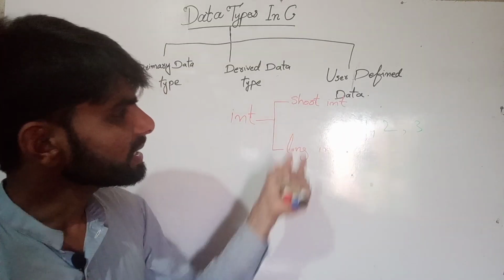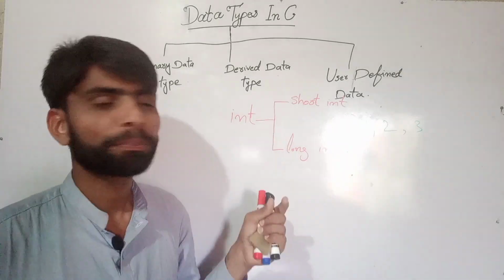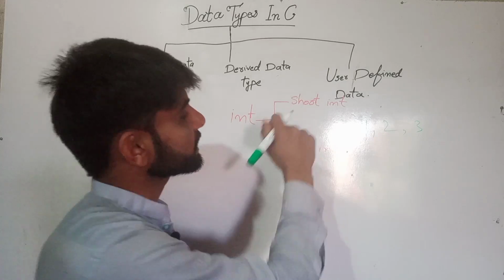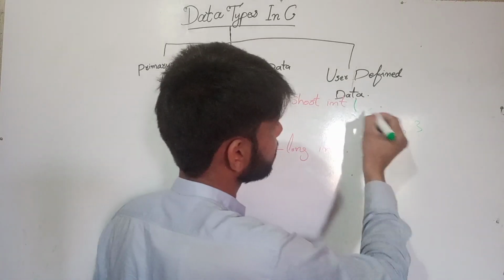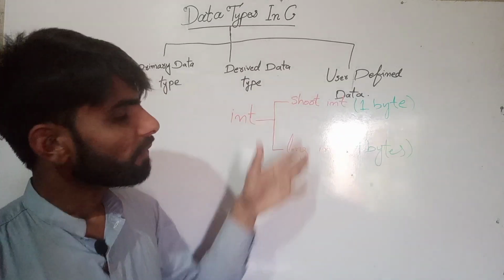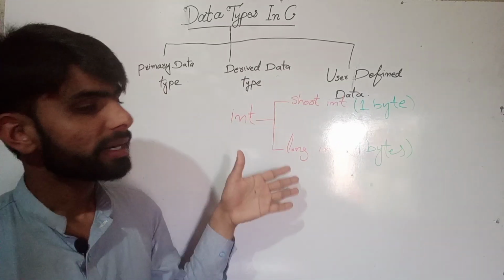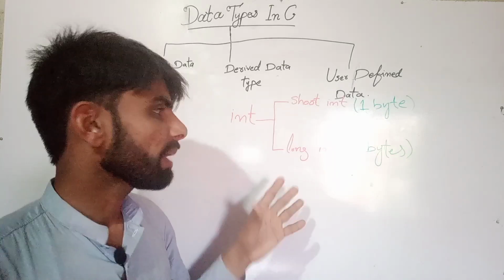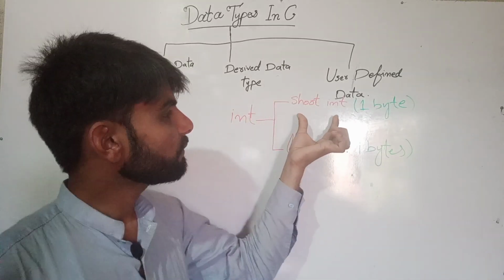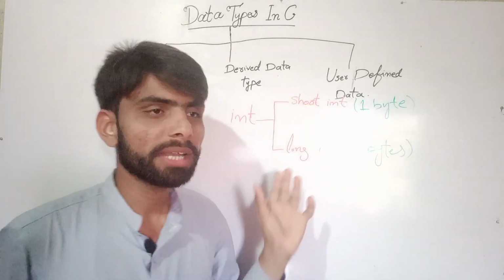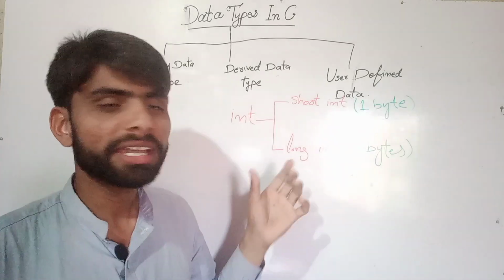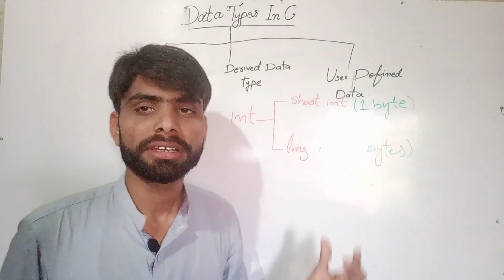These basically define the capacity of data types, because one takes 1 byte and the other takes 4 bytes. These data types make our application more efficient, right? If we need to store only 1 byte of data, then we will take only short int. There is no need to take long int.